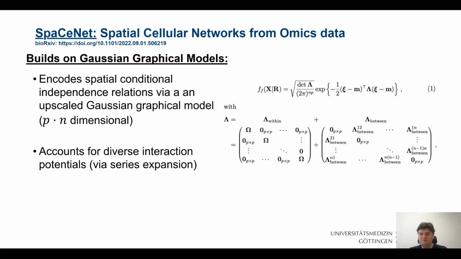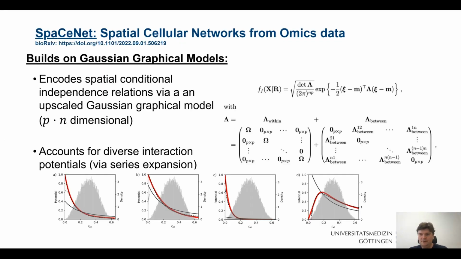And to show you that this works out, I show you in a simulation study these red lines in figures A to D. These are potentials, so basically how one molecular variable in one cell affects another molecular variable in another cell.